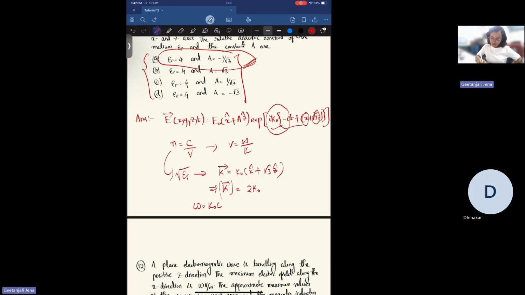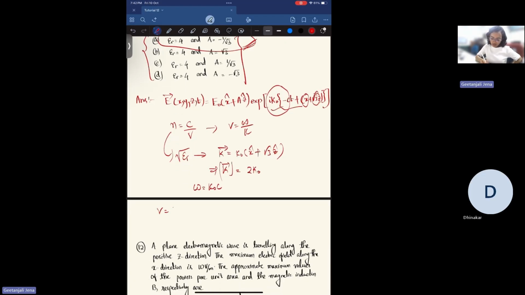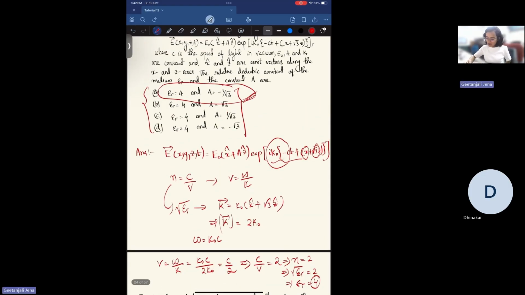So V is omega by K, which is K0C by 2K0, so C by 2. That means C by V is 2, which is nothing but the refractive index. The refractive index is square root epsilon r, so epsilon r is 4. This is how you can get the relative permittivity.